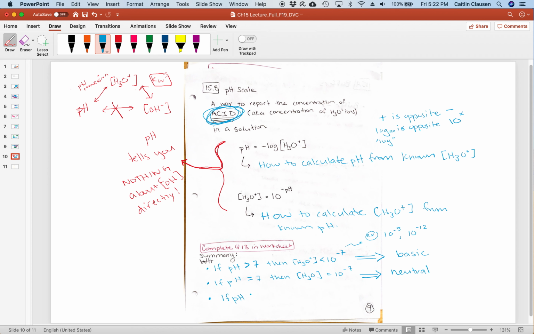And lastly, if the pH is less than 7, that means the acid concentration is really high. It's greater than 10 to the minus 7. So remember, with negative numbers, again, the smaller the number gets, the lower in value it gets, negative 6, 10 to the minus 1, your actual value is getting bigger.